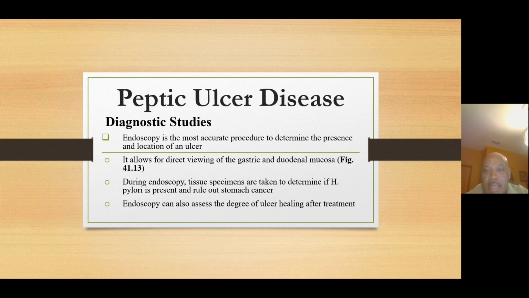Now, during the endoscopy, tissue specimens are taken to determine if H. pylori is present, and also to rule out stomach cancer, because sometimes it can be stomach cancer as opposed to just an ulcer. And so with the endoscopy procedure, you can actually take a specimen to analyze it under a microscope to determine what it really is.